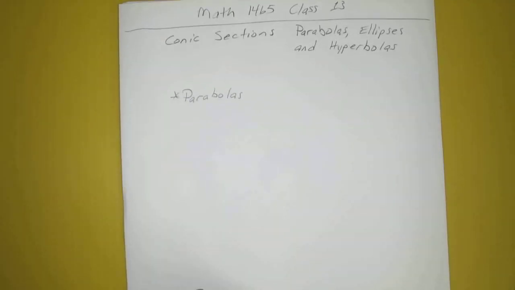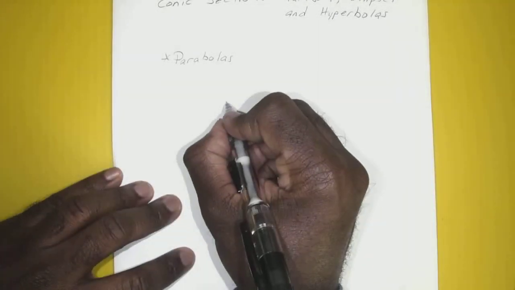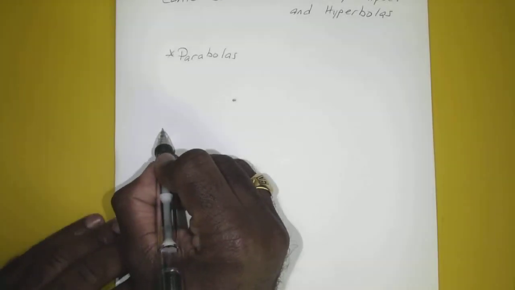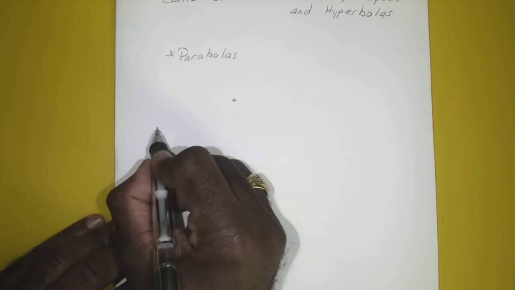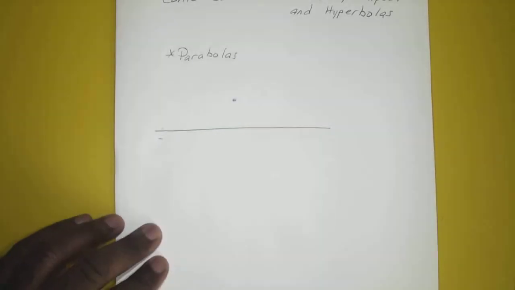Okay, so first let's look at the parabola. We're going to look at the actual genuine idea, or really cutting down to it. So first we're going to start with that point, and I'll make it a little lower, and that line.